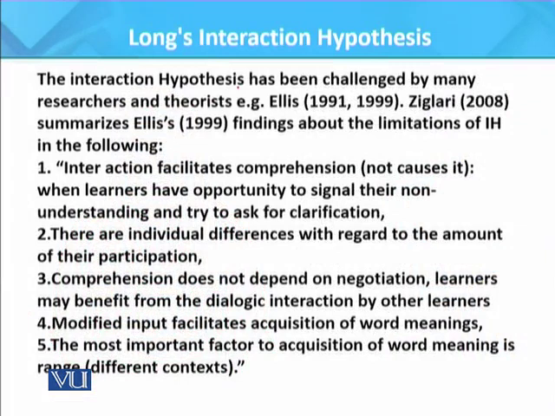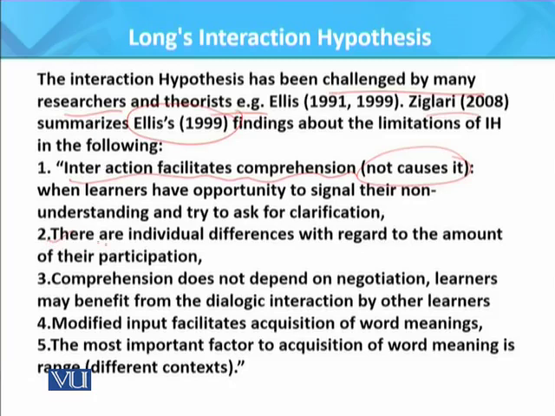The interaction hypothesis has been challenged by many researchers and theorists, for example Ellis, and Ziglari summarizes Ellis' findings about the limitations of the interaction hypothesis in the following manner. Interaction only facilitates comprehension and does not cause it. When a person is in the process of comprehending information, interaction facilitates by providing cues or clarification, but it does not cause the comprehension itself.